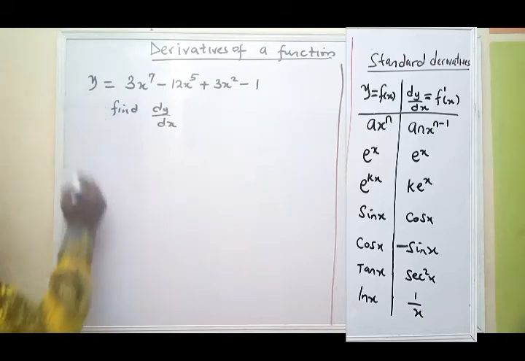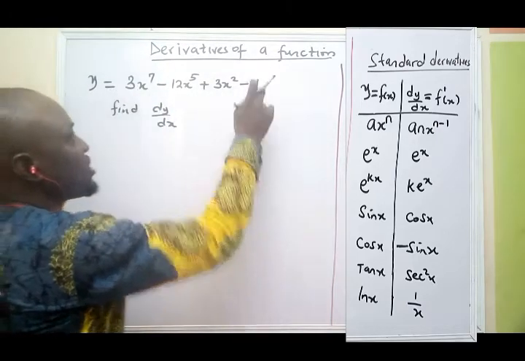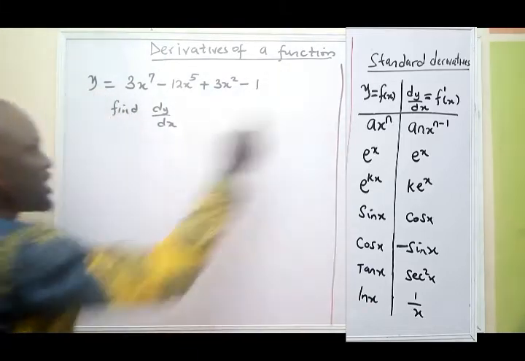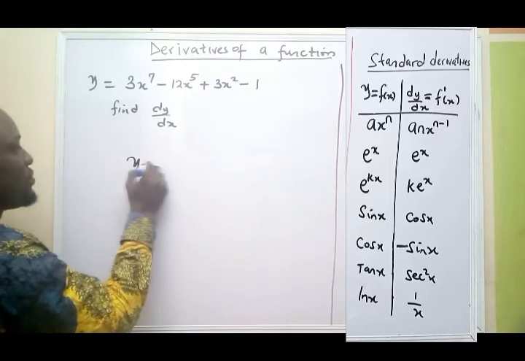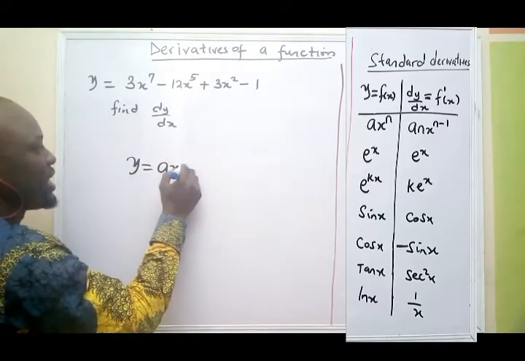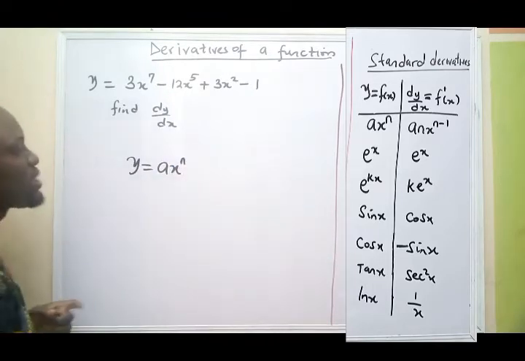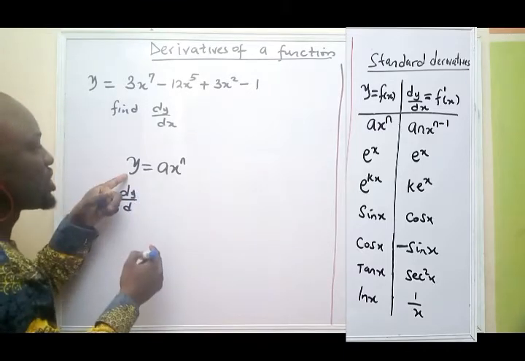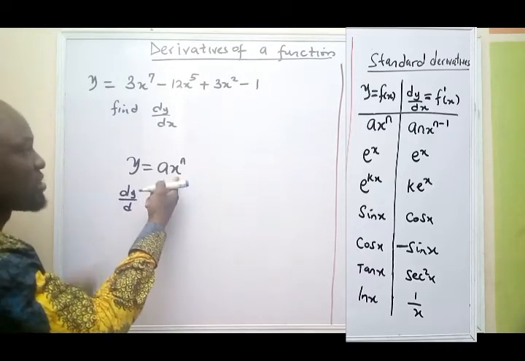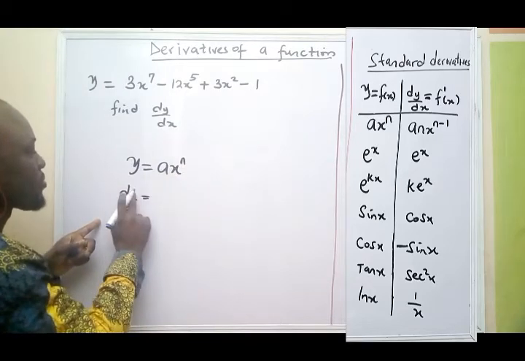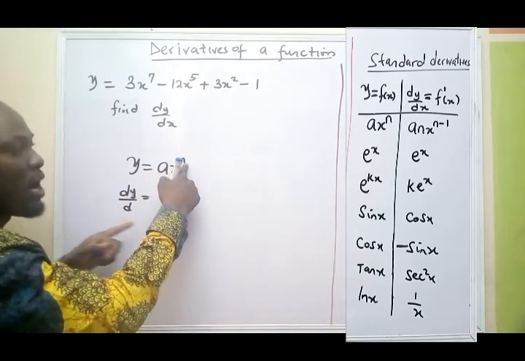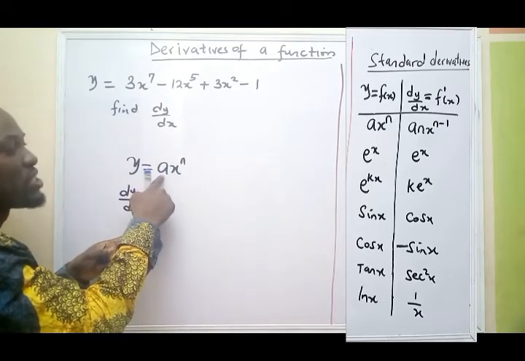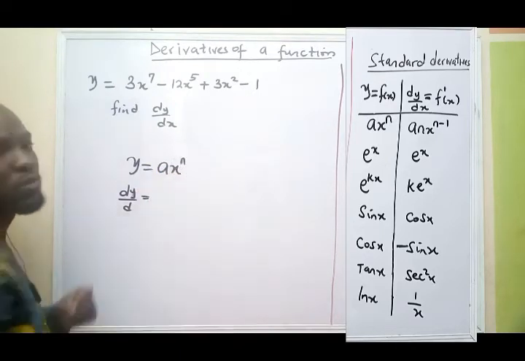Now, because this is an algebraic function, let me start with the form. If you have ax raised to the power n, to get dy/dx, meaning you're differentiating y with respect to x, you're going to multiply the power of this algebraic form by the coefficient of x, then you subtract 1 from the power.